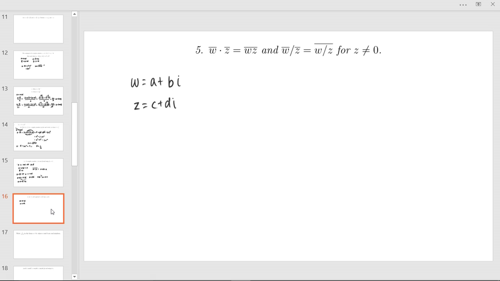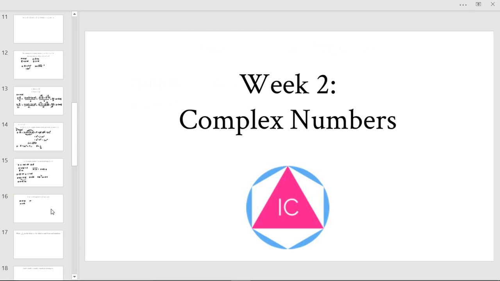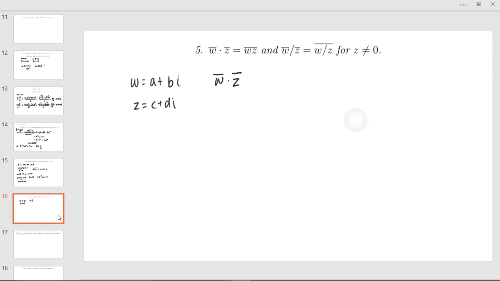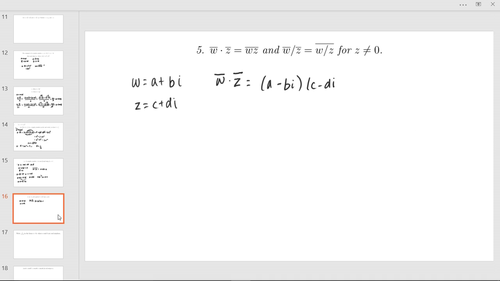So first we want to show that. So first we'll compute the product w bar times z bar. This is equal to (a minus bi) times (c minus di).